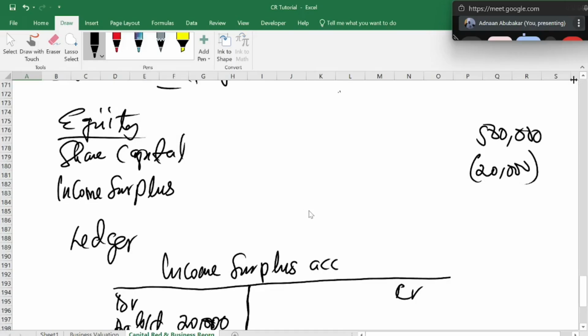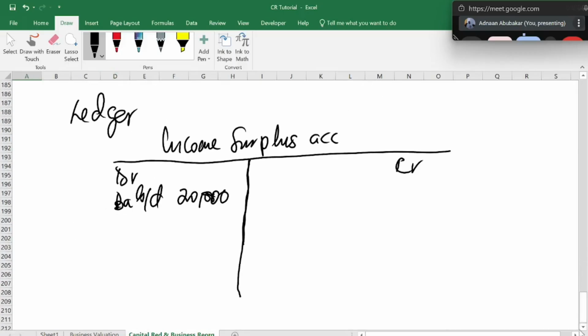Because all equity items are credit balances. And I'm telling you that in the question, they can do your balance sheet like this. So since this one is negative, or is a loss, they will bring it at the debit side like this. So you should understand what it stands for.